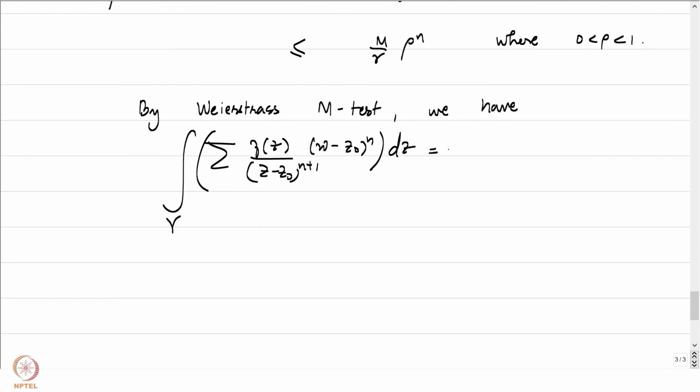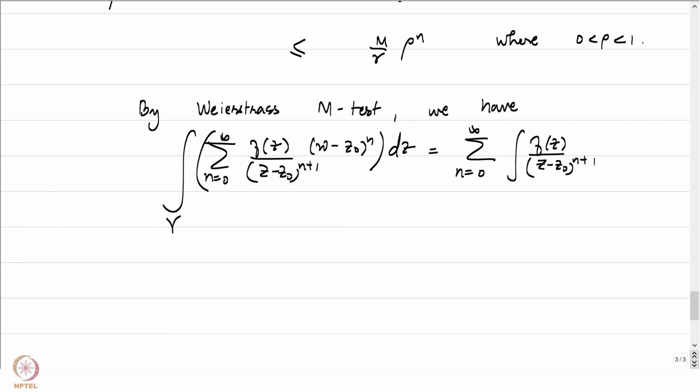This is equal to the sum of the integral of f of z by (z minus z naught)^(n+1).